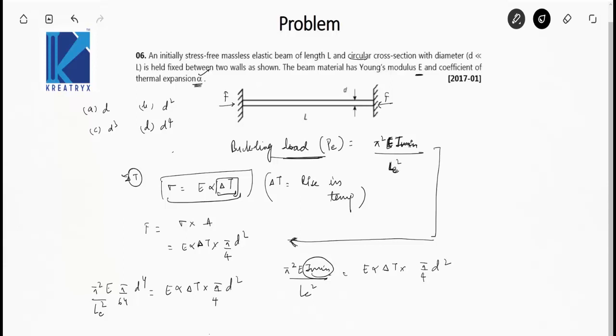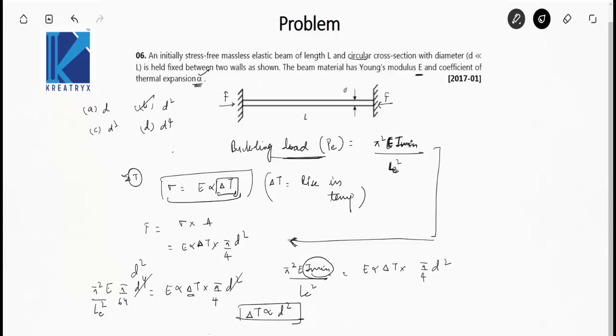So what we have to find? We have to find the relation between delta T and the diameter. So d square gets cancelled out. All the other terms are constant, so delta T is directly proportional to d square. So option B is our answer.